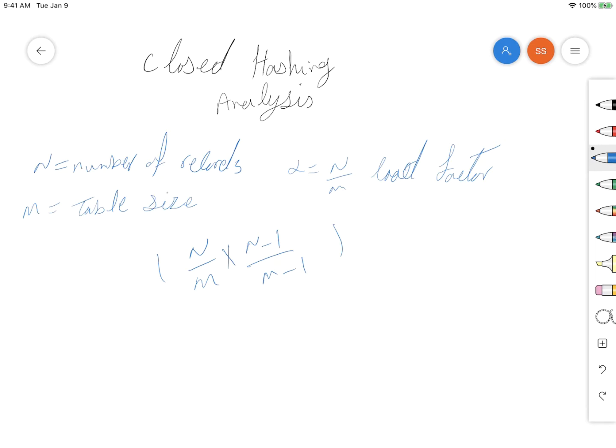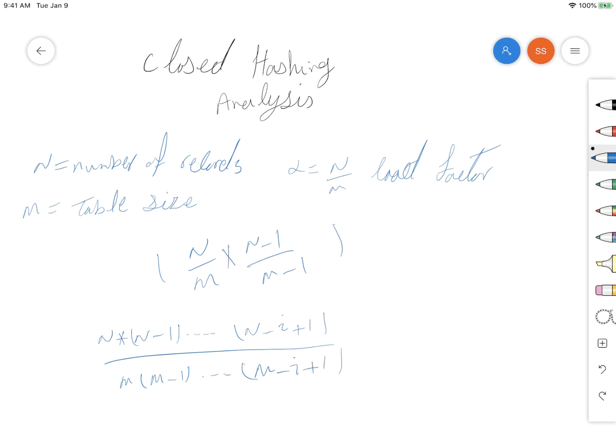We can generalize this formula to find the probability of having i collisions in inserting a new key. That is going to be n multiplied by n minus 1, up to n minus i plus 1, divided by m multiplied by m minus 1, up to m minus i plus 1.